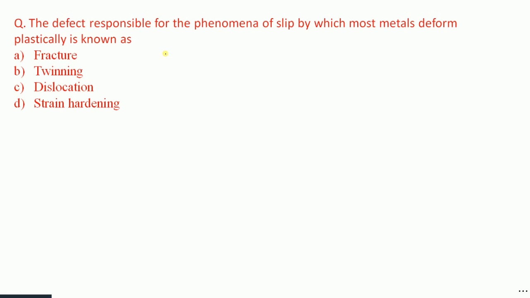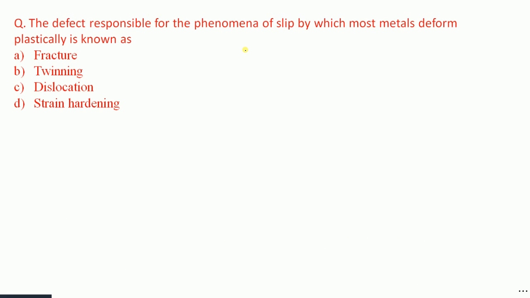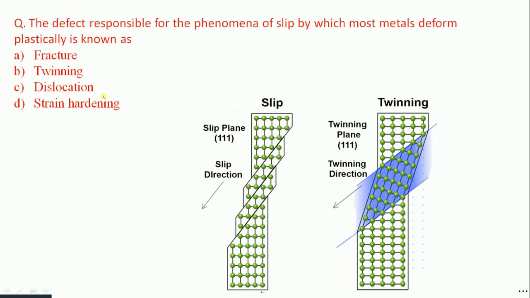The defect responsible for the phenomenon of slip by which most metals deform plastically is known as fracture, twinning, dislocation, or strain hardening. So they are asking about the defect responsible for the phenomenon of slip by which metals deform plastically.